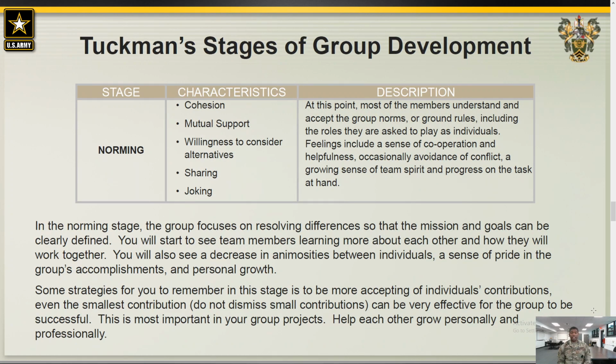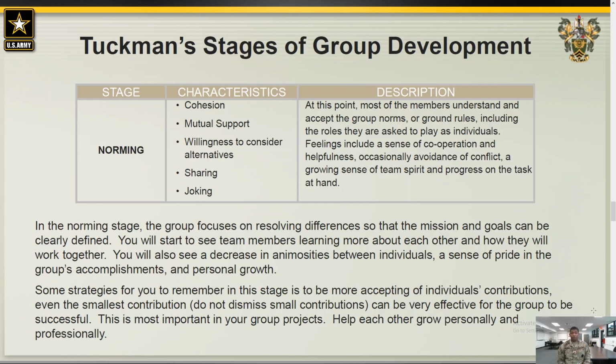Next, we have the norming stage. So at this point, we've gone from the forming stage where we're on our best behavior and we're not really sure what to do, what to say, and who to say it to, right? And then we rolled over into our storming stage where we actually started to clash those personalities and push those boundaries. Now we roll into our norming stage where we're kind of getting used to each other now. We're promoting cohesion.